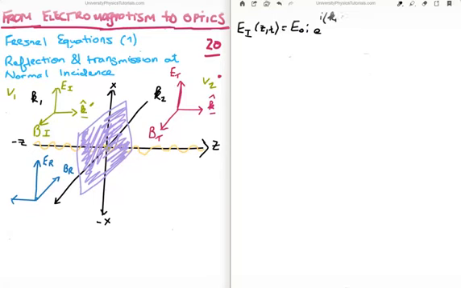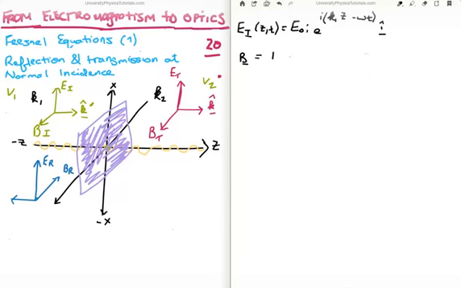Alright, so let's go ahead and just plug that in. So we get the initial propagation vector k1, it's moving in the z direction, and we need to have minus omega t and polarized in the i hat unit vector direction. That's the incident electric field.